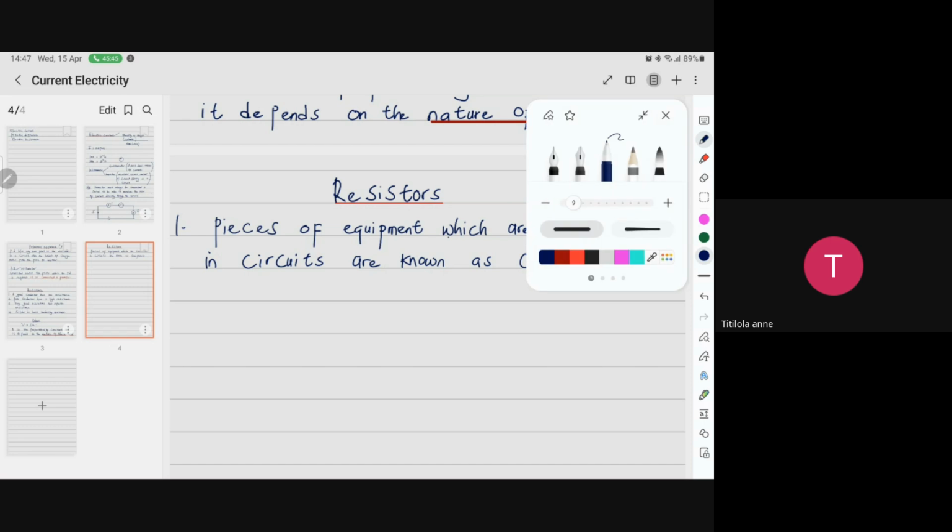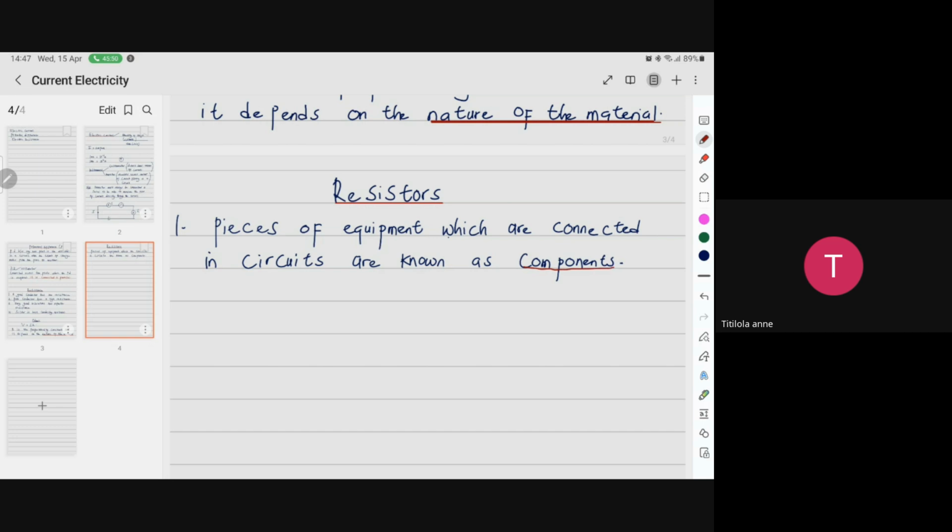All right. So all of those things that we connect in a circuit are what we regard as your components. And one of those components is your resistor, which measures the resistance.